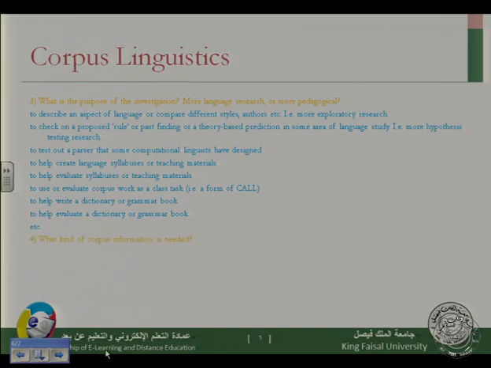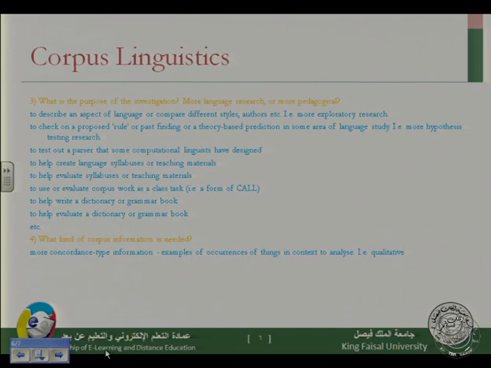The last question is, what kind of corpus information is needed? More concordance type information, examples of occurrences of things in context to analyze. So what we want from a corpus is to give us all these concordances.